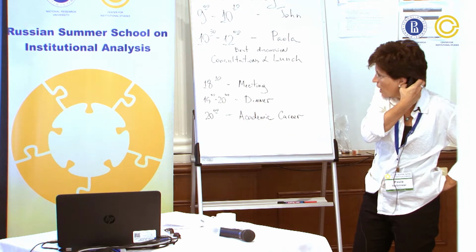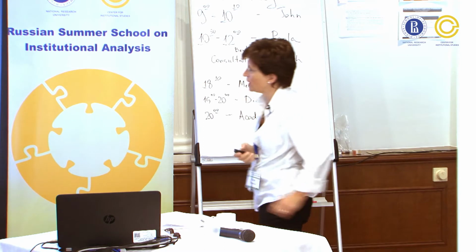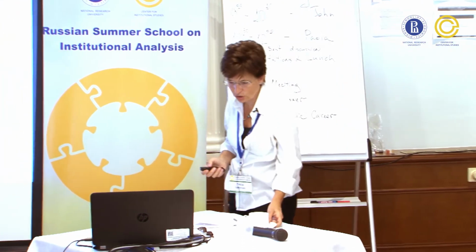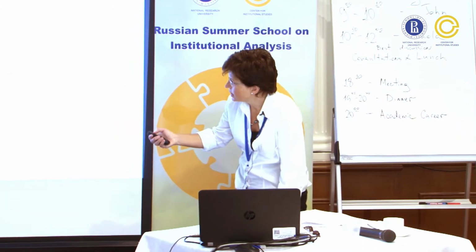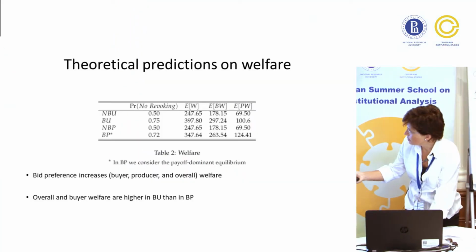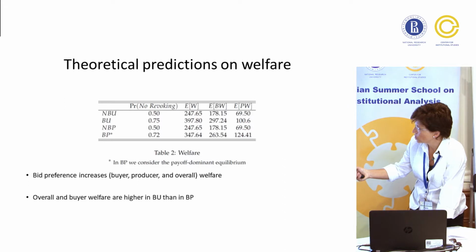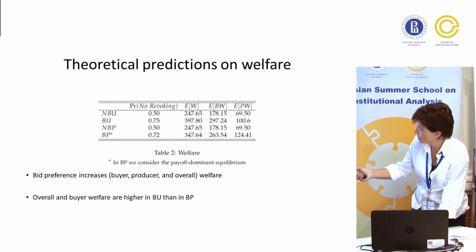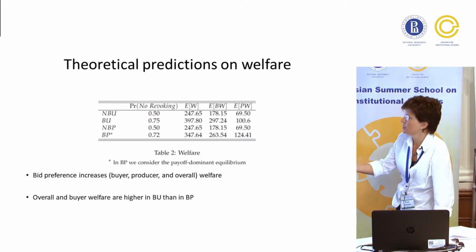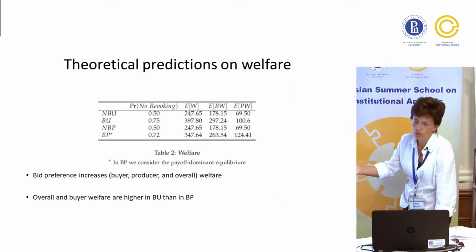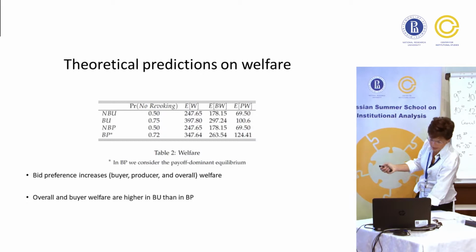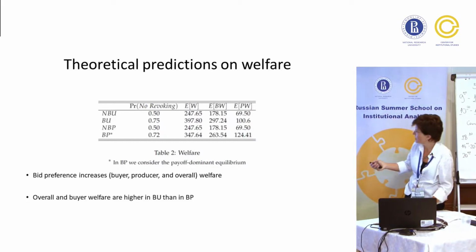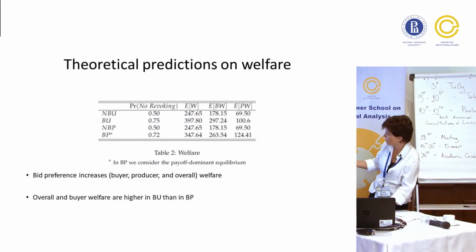Okay. Now about the theoretical prediction on welfare. So here is the probability of having the auction revoked or not revoked. In particular, this is the probability of having the auction not revoked. Here is the total welfare. This is the buyer welfare, and this is the supplier welfare.